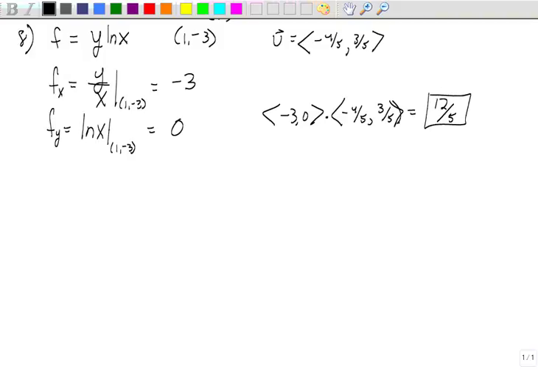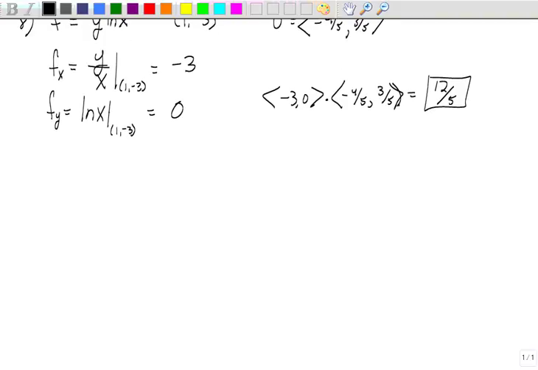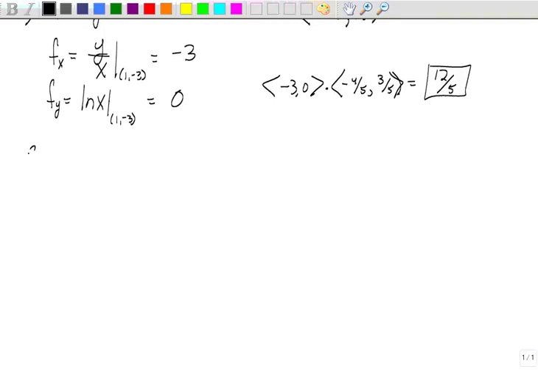That's it. Oh, we want the directional derivative, and that's going to be the gradient. Oh, that's what I found. Oh, okay. The gradient, I did part C ahead of time. Let me go through the steps. A, find the gradient.